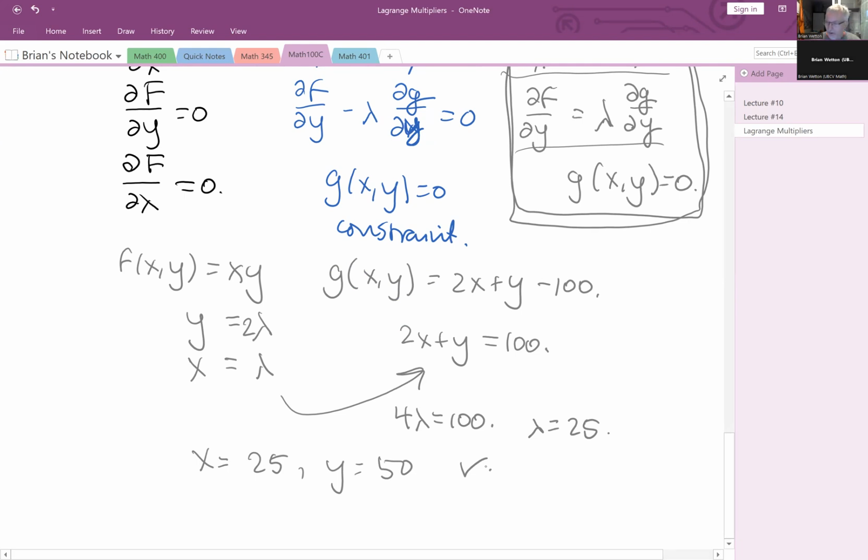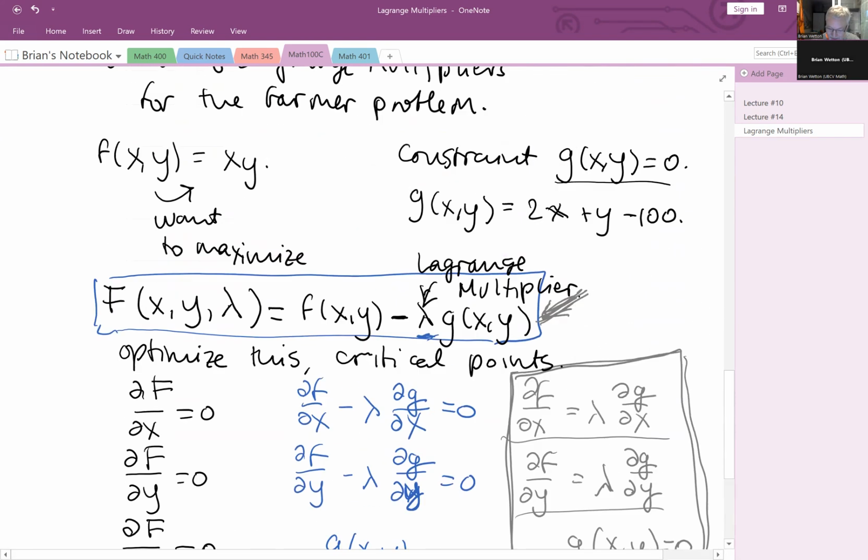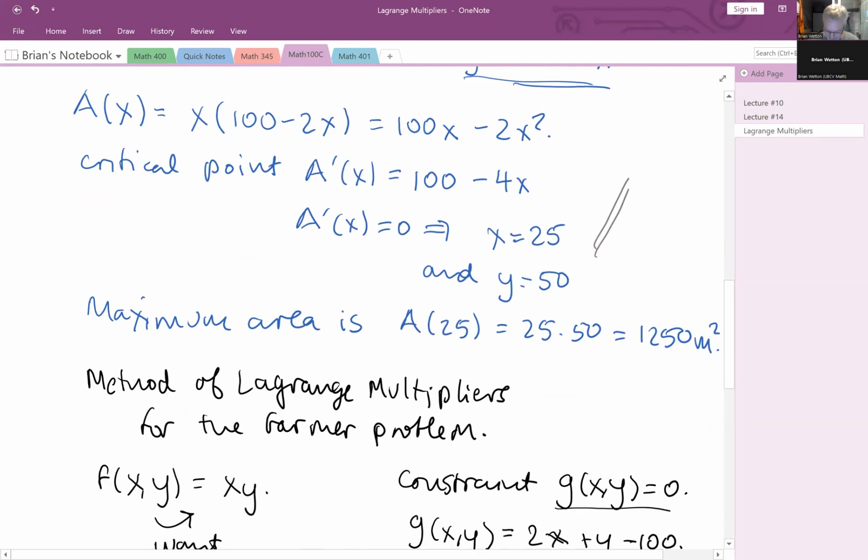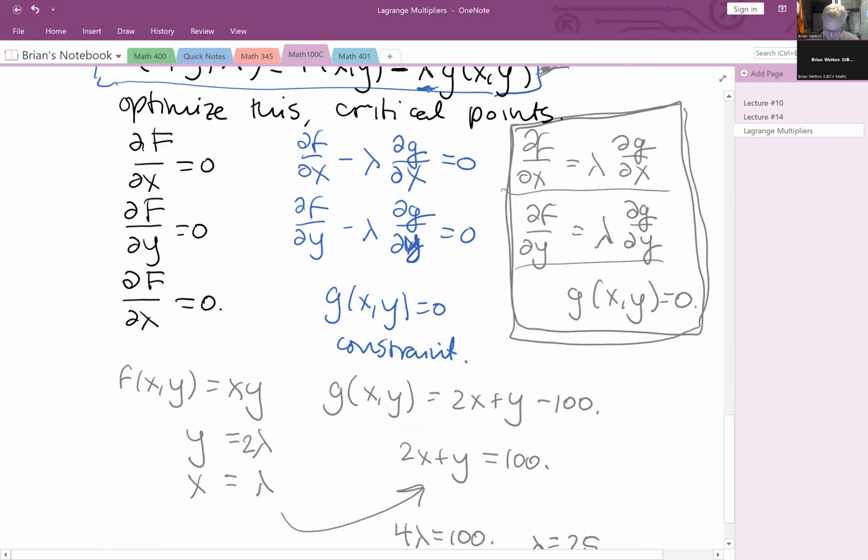Okay, so why would you use this seemingly more complicated technique in an example that has this easy formulation? Well, there's two reasons. This is just a warm-up. It's certainly easier to do this computation than it was to do the whole Lagrange multiplier thing.